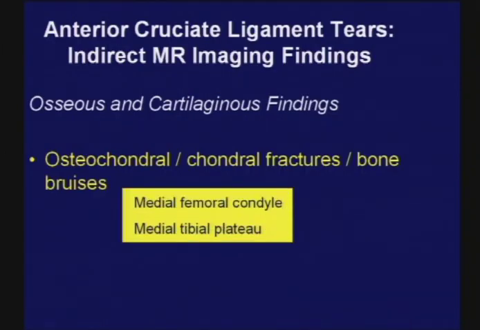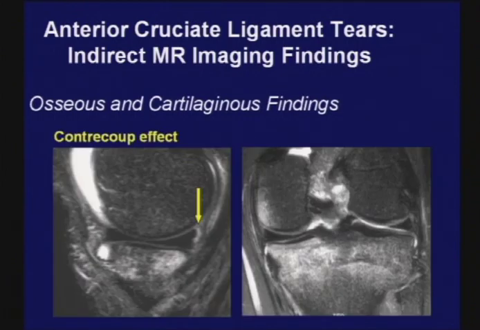Now we get to the so-called complicated ACL tears, because we're going to deal with problems on the medial side. And in my view, if you have an ACL tear and you have edema on the medial side, particularly in the medial tibial plateau, and especially if it is dominant posteriorly in the medial tibial plateau, it is extremely likely that you have a tear of the posterior horn of the medial meniscus, or a meniscocapsular injury, as shown here by the arrow.